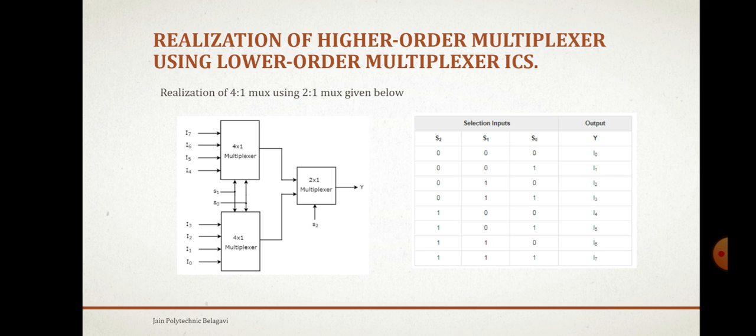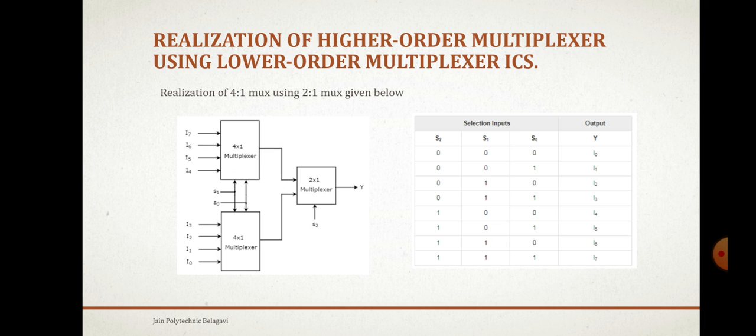Suppose S2 equal to 1; the 2:1 multiplexer IC is set to 1. At that time, S1 equal to 0, S0 equal to 0, you are going to get I4, which is the output from the second 4:1 multiplexer IC. Next, S1 equal to 0, S0 equal to 1, I5 will be selected.